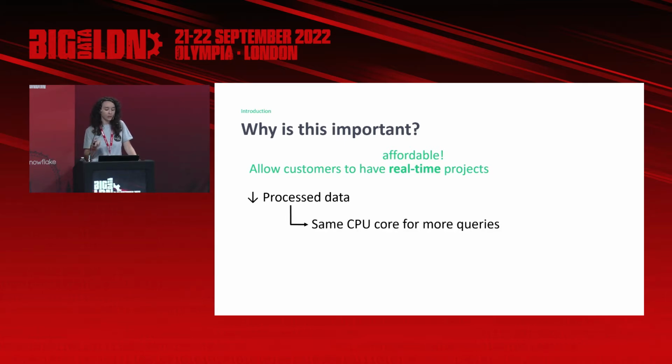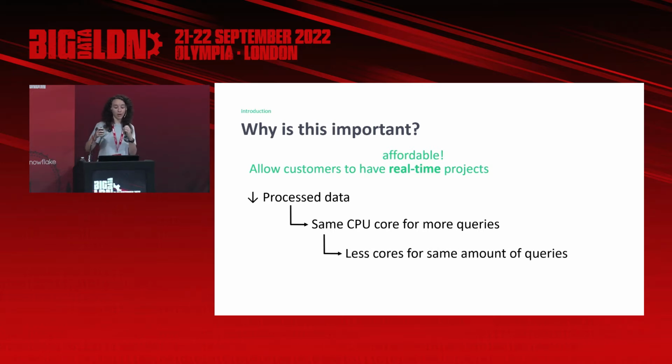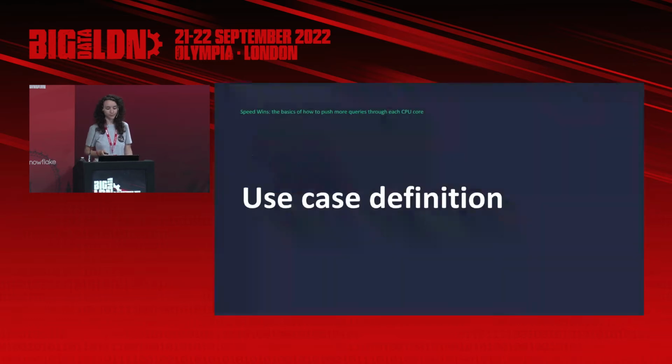By doing that, the same CPU core will be allowed to process more queries, meaning that you can process the same amount of queries with fewer cores, right? And therefore, you can reduce the cost associated to your project. So that's what we always focus on, reducing the query time and also the process data for each query.